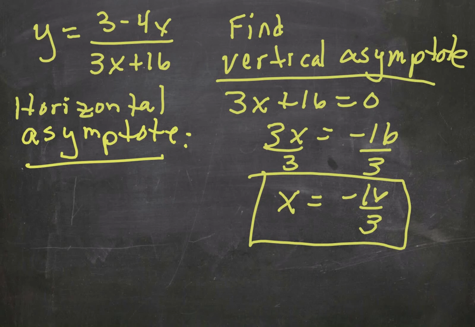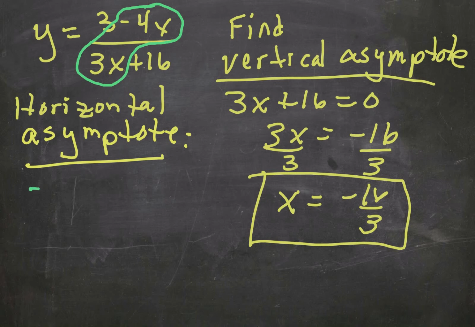I like seeing that because that tells me what I need to look at as far as our asymptote. I just want to look at those two terms. I'm not worried about the 3 or the 16 when it comes to the horizontal asymptote.